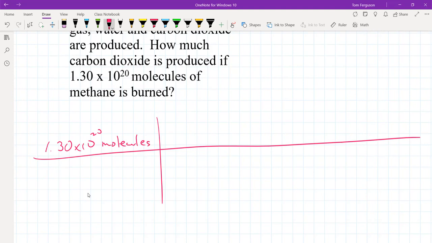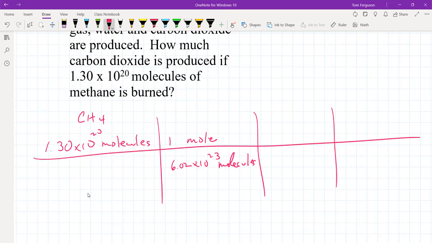Okay, so step one is, this is the given, 1.30 times 10 to the 20th molecules. First step is to convert the number of molecules to moles. Okay, the next step is from the balanced equation.